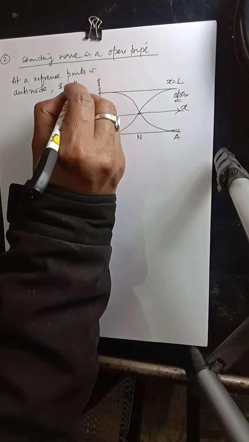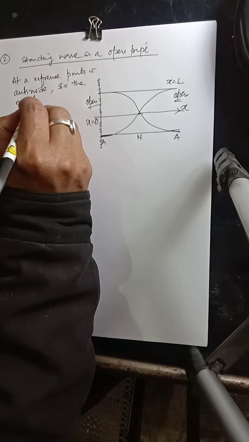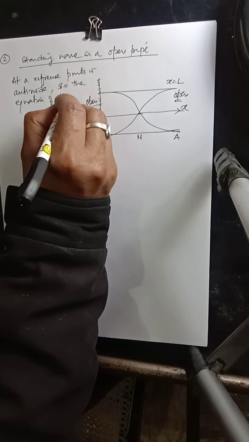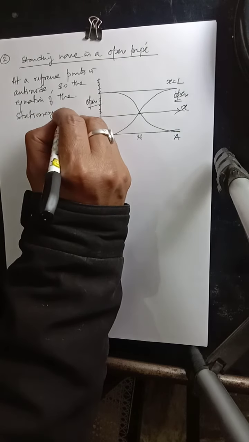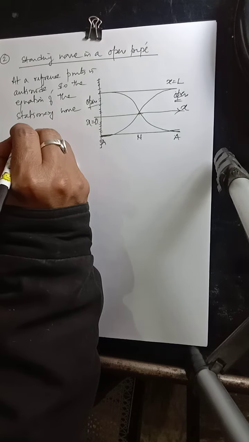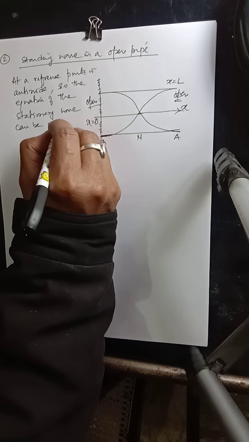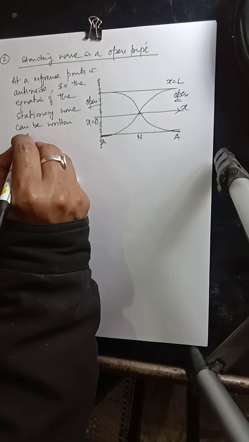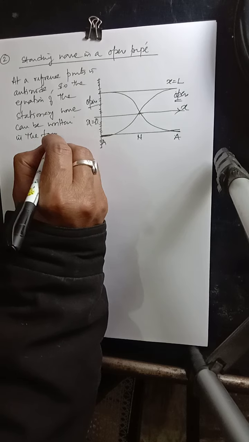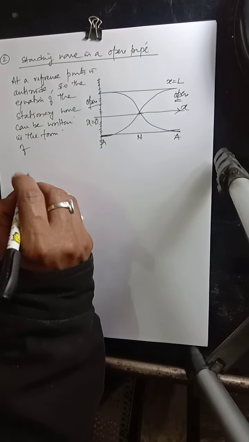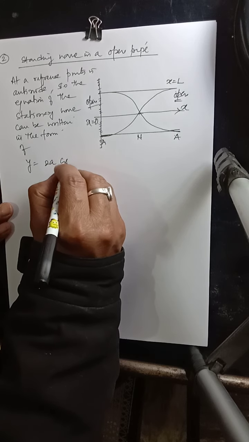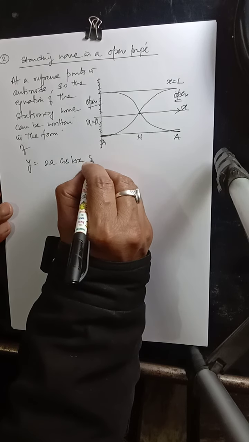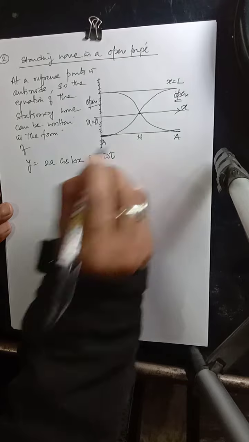So the equation of the stationary wave can be written in the generalized form, that is 2a cos of kx sine of omega t.